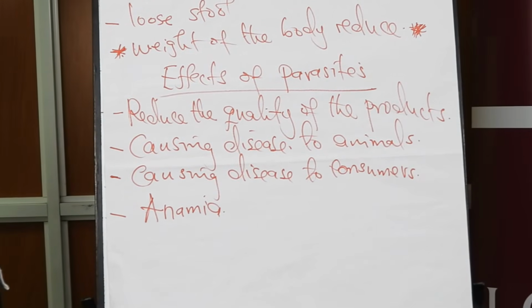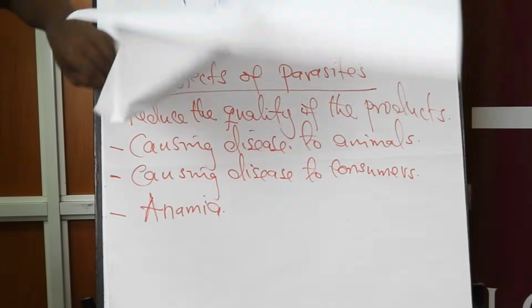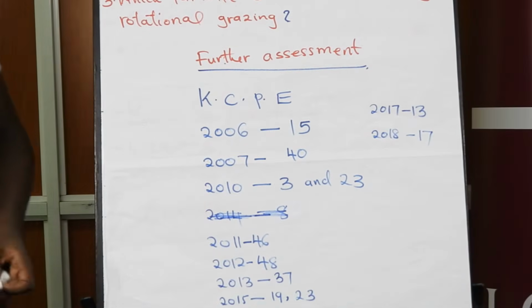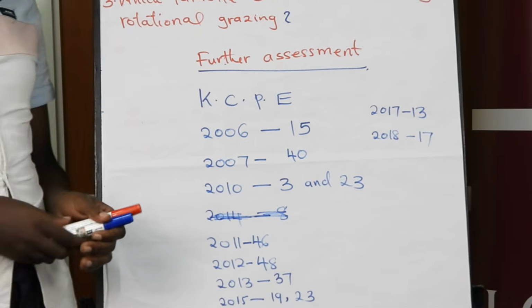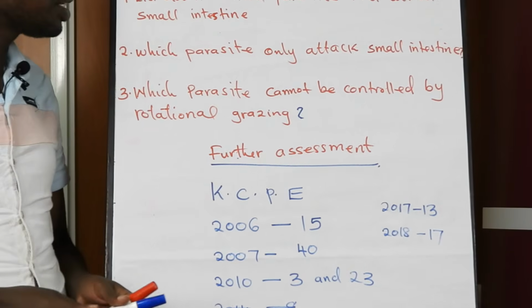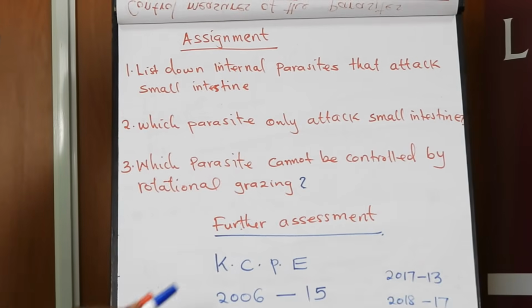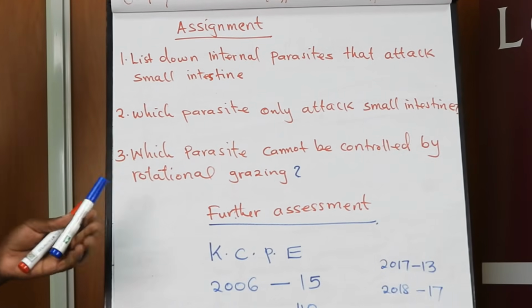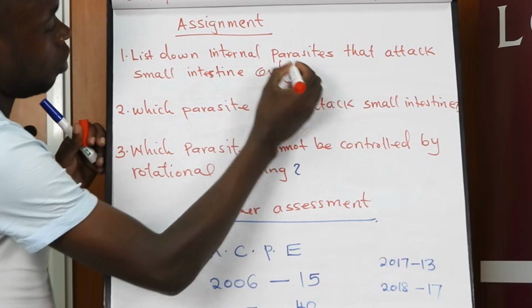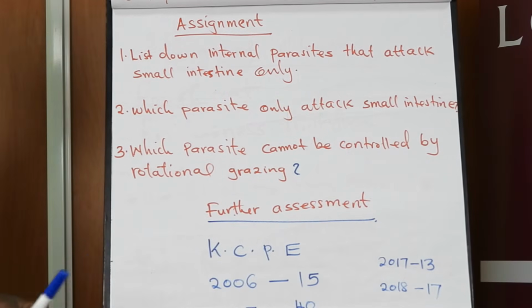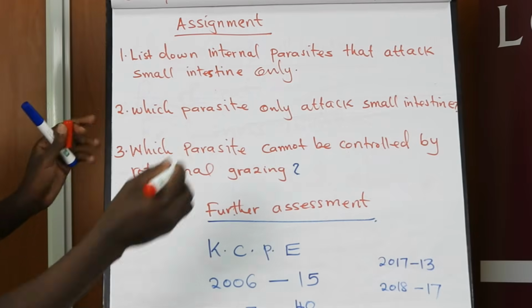Okay, just an assignment for you from where you are watching us. Question number 1. List down internal parasites that attack the small intestine. Question 2.